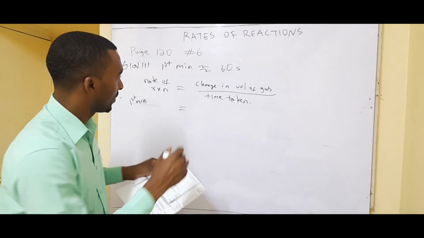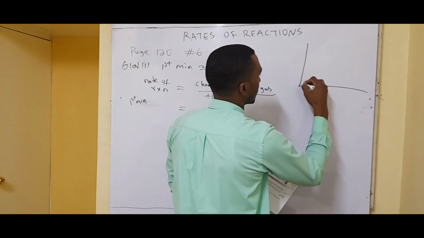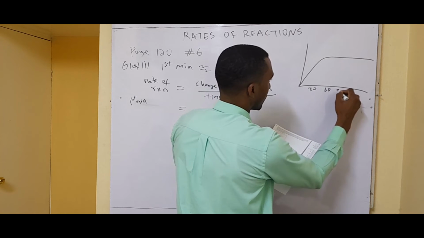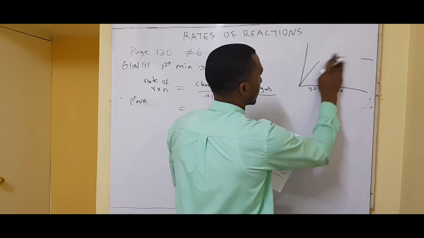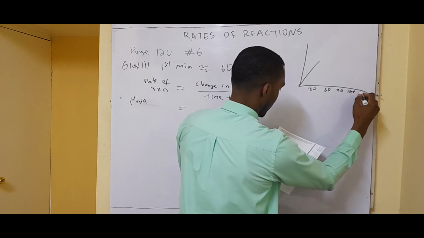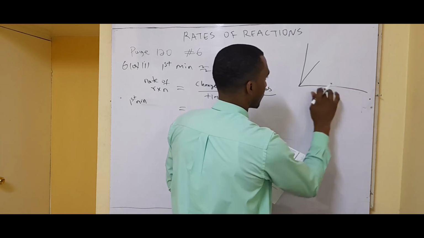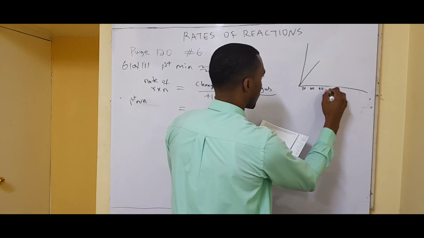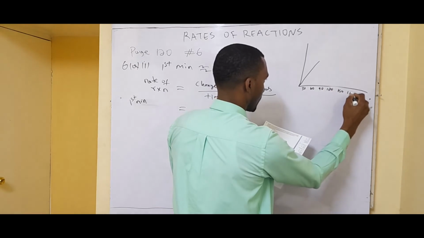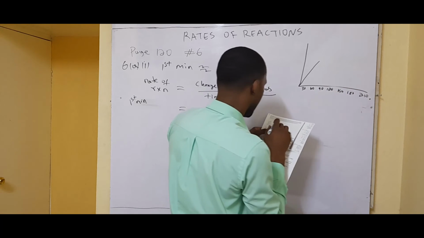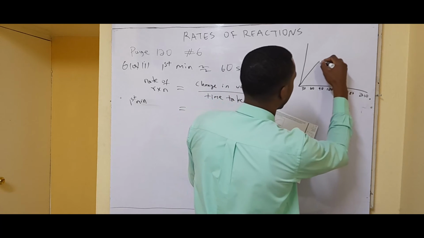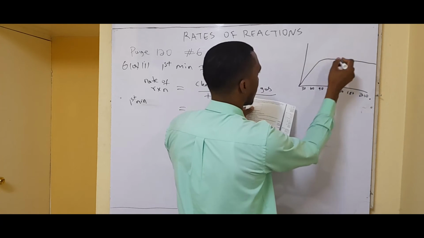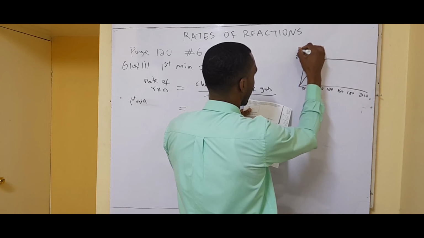But if you look at the graph, you have 30, 60, 90, and the plateau is at about 120, and here is approximately 200, 250.